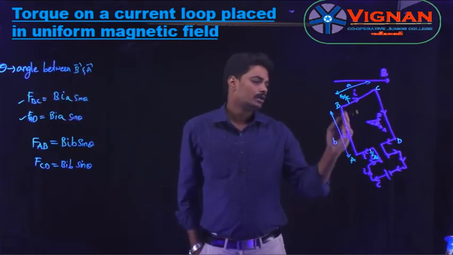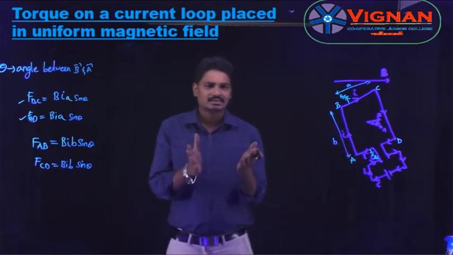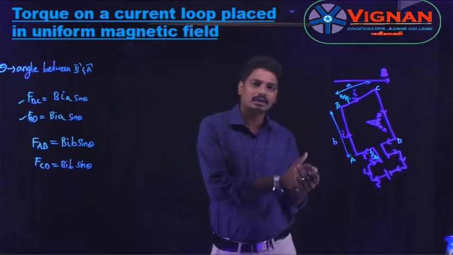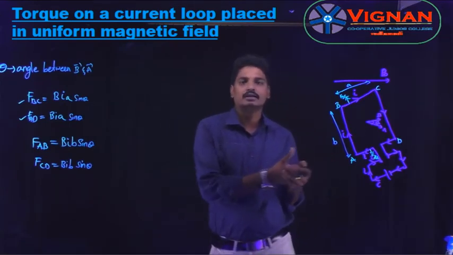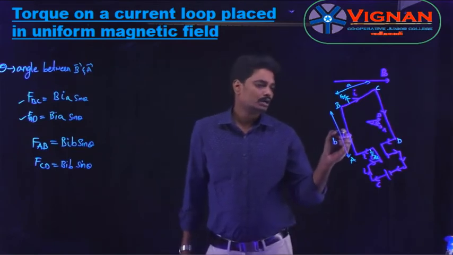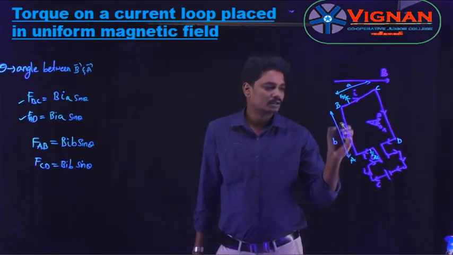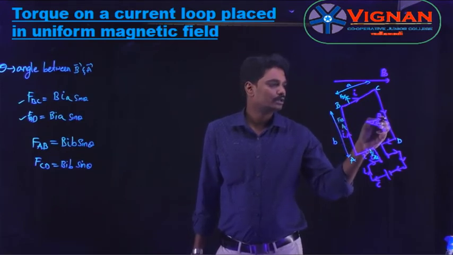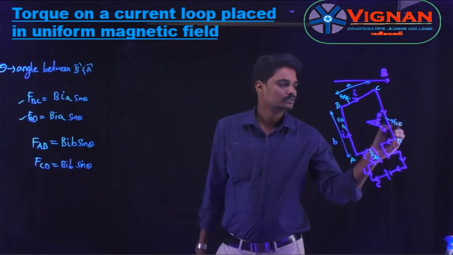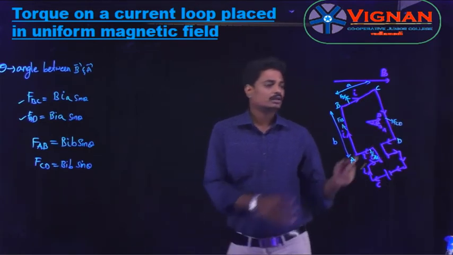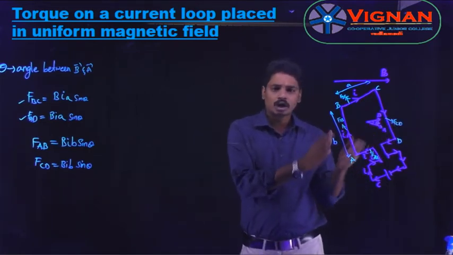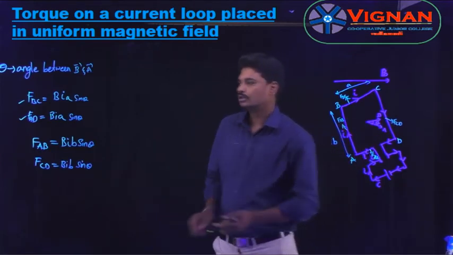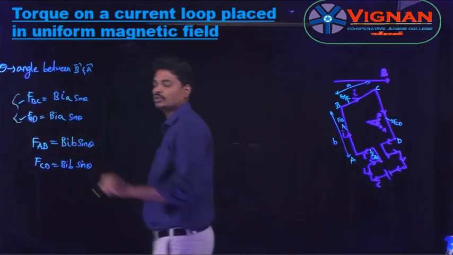Here the forces will be as I explained at the start of this video, when calculating the force on a conductor using Fleming's left hand rule. The force acting on AB will be into the board and on CD in the upward direction. Both these forces are not collinear, as their lines of action are different.